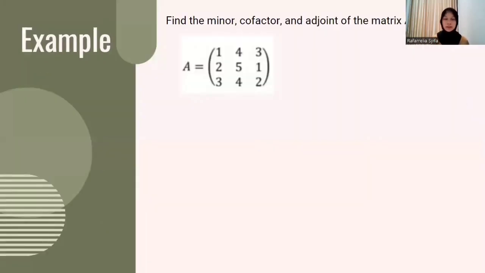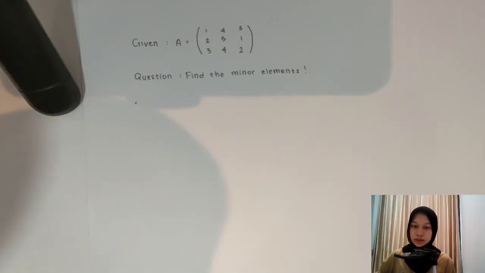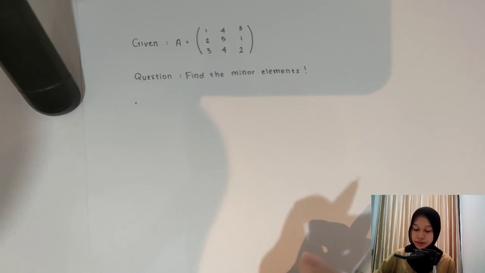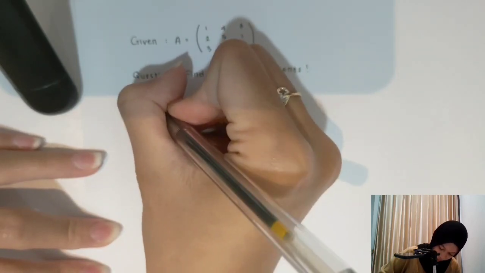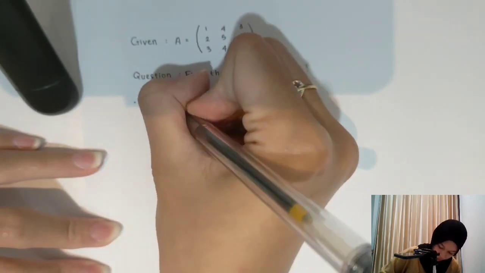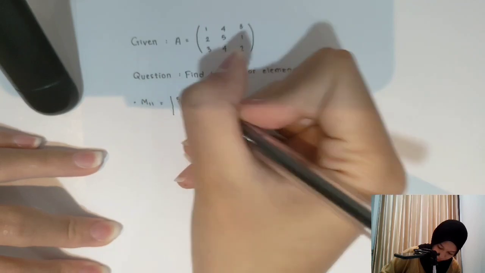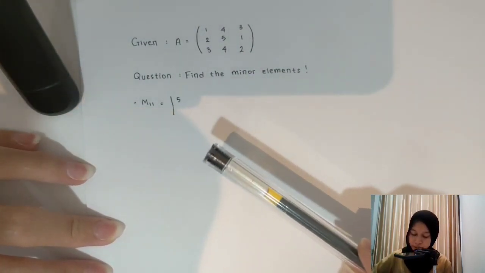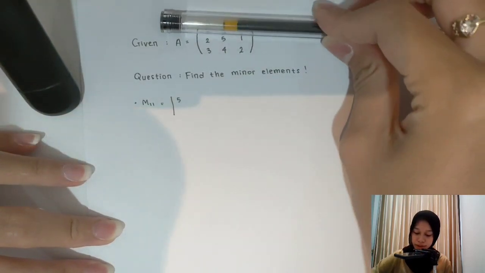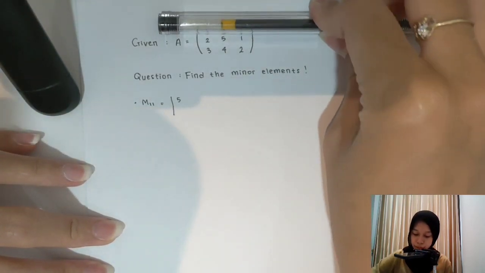Example, find the minor, cofactor, and adjoint of the matrix A below. So from the question, first find the minor elements of matrix A. First, find the minor of row 1, column 1. To find the minor of row 1 and column 1, we hide the first row and the first column.